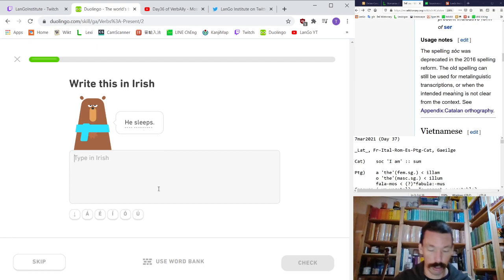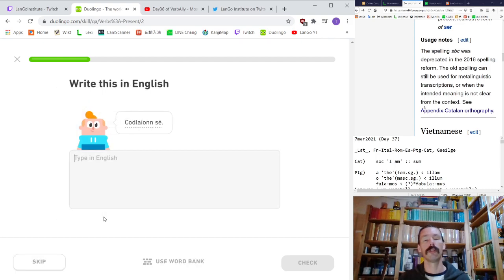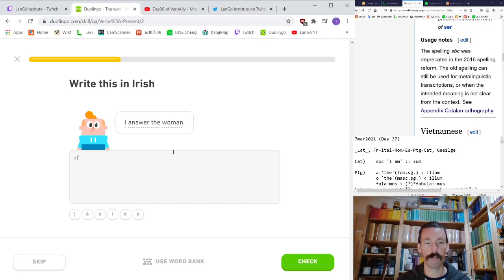Codlaíonn sé. Spelling cod. Long. Want to hear that again, this verb? Same one, he sleeps. I answer the woman. The woman. It's going to be accusative or dative. I'm just going to try on van.